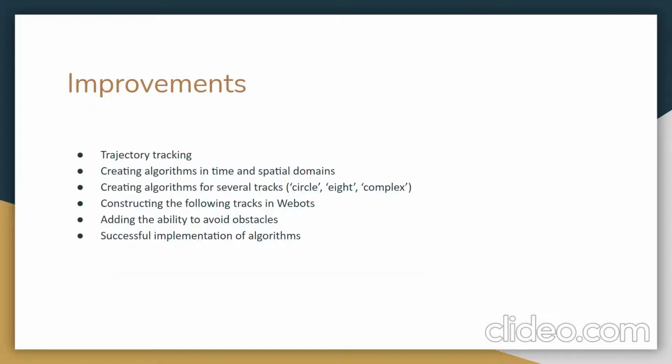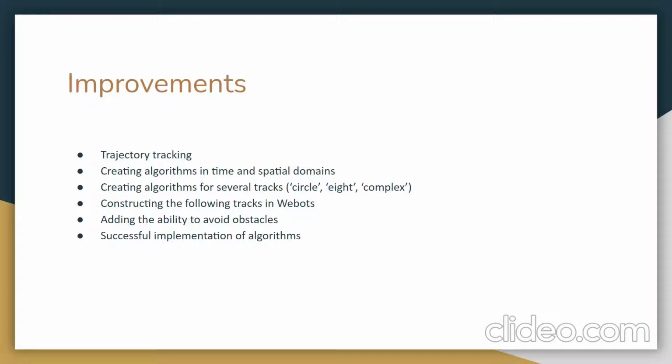On this slide you can see the improvements we have made during the second semester. If in the first semester our algorithm was able to run the motion from the initial point to some reference point, now it's able to create a new reference point every time step according to its trajectory.